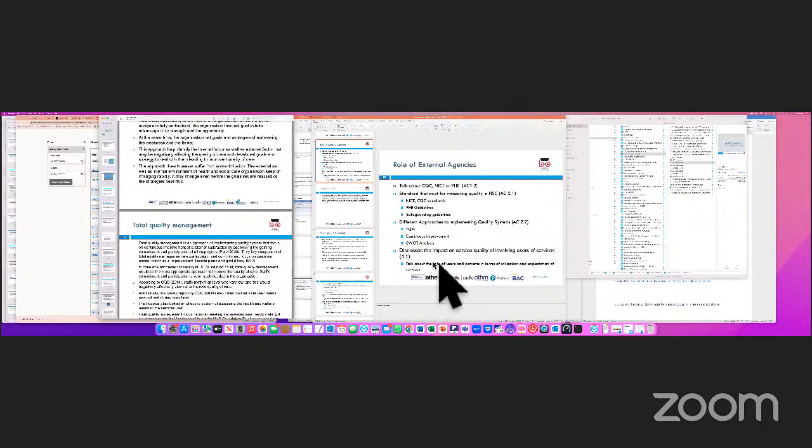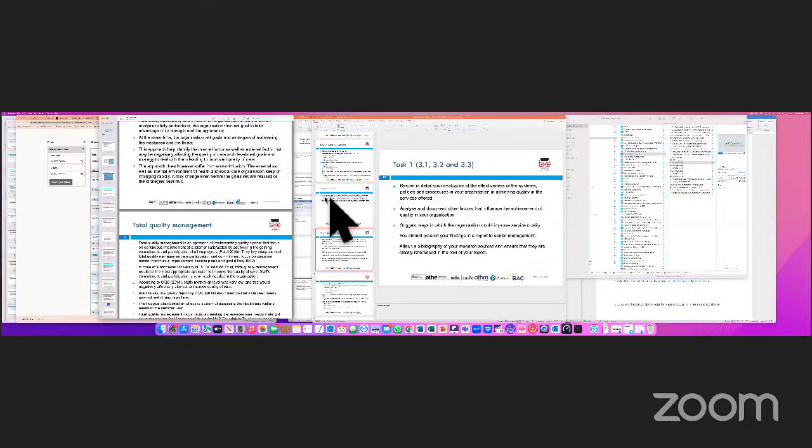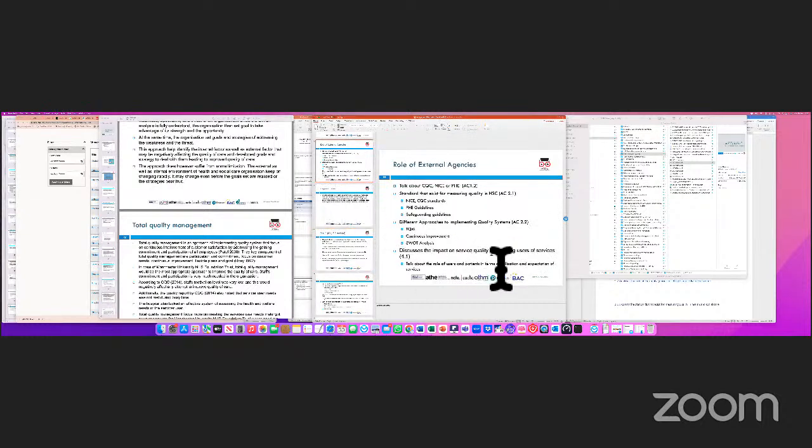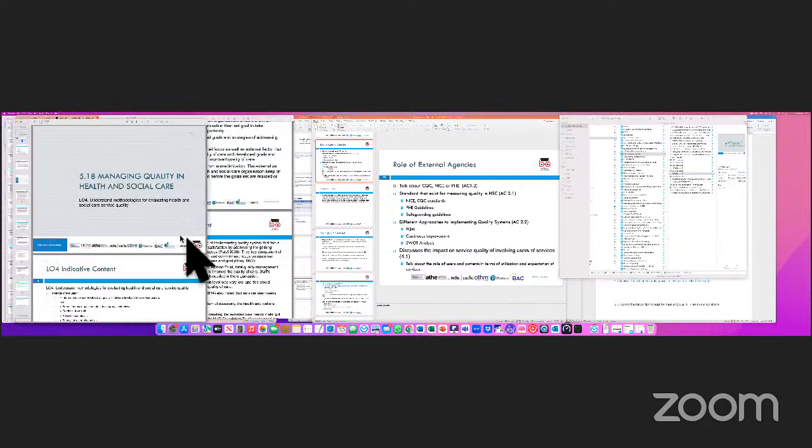The last part of the task in assignment 1, task 2, is to discuss the impacts on service quality of involving users in these services. The discussion needs to be about 150 to 200 words. You have to talk about the role of users and patients in terms of utilization and expectation of these services, which we discussed in learning outcome 4.